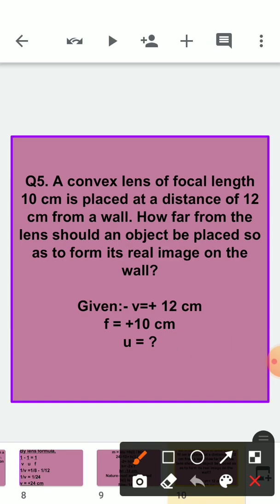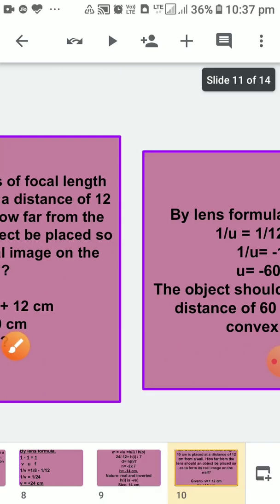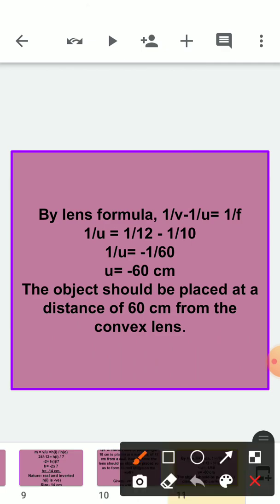F is plus 10 centimeters because it is a convex lens, and we have to find the object distance U. So we put in the lens formula, 1 by V minus 1 by U is equal to 1 by F. Putting in the values we know, we get U as minus 60 centimeters. So the object should be placed at a distance of 60 centimeters from the convex lens.